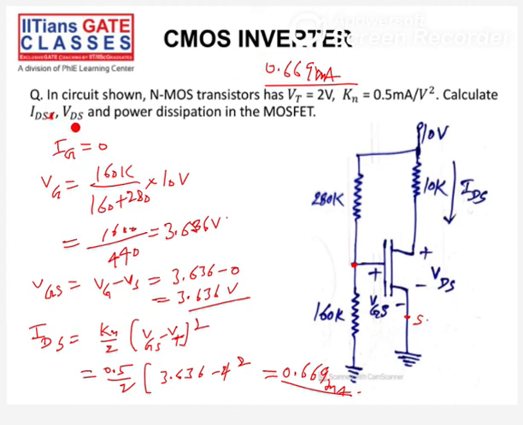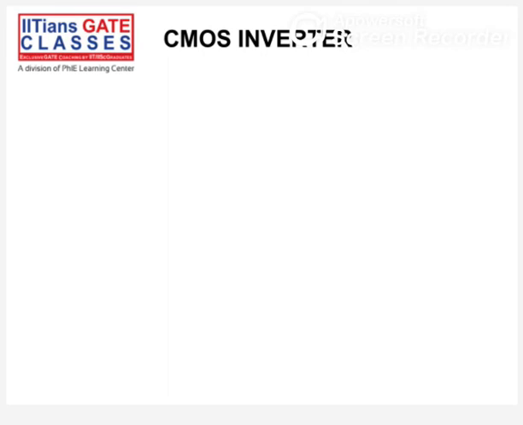It is IDS. Now we can get VDS by applying KVL in the output circuit. VDS is equal to VDD minus ID RD.